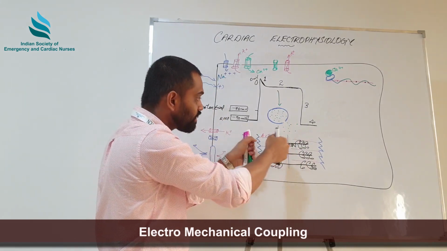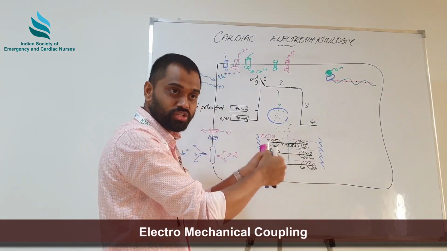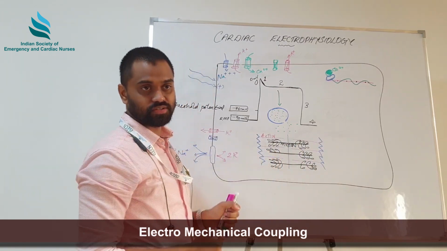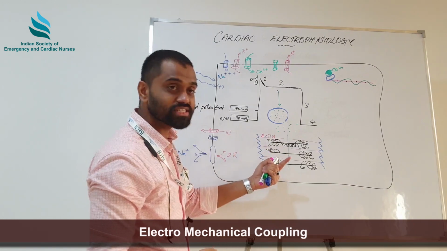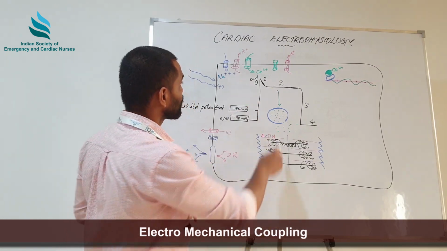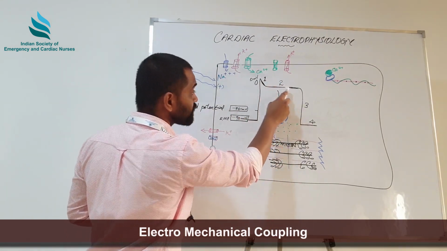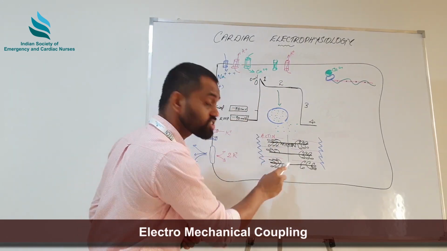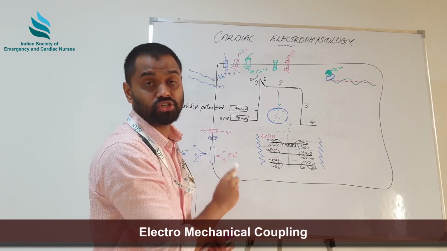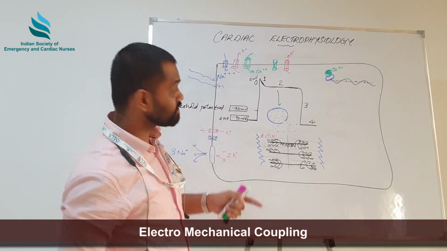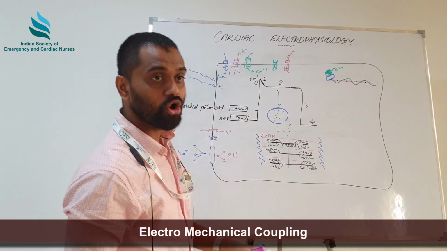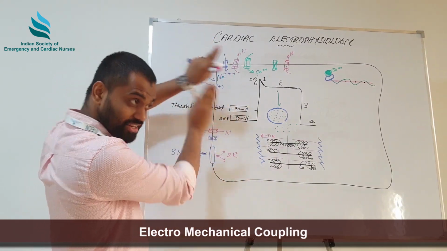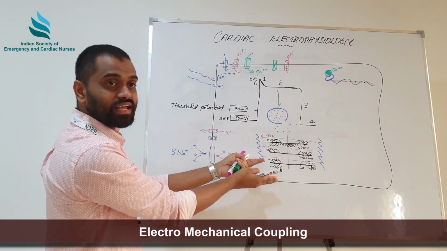So when this happens in every other single unit of muscle, the entire muscle bundle contracts. So this is the mechanism by which the calcium influx in the plateau phase of action potential results in the contraction of cardiac muscle.